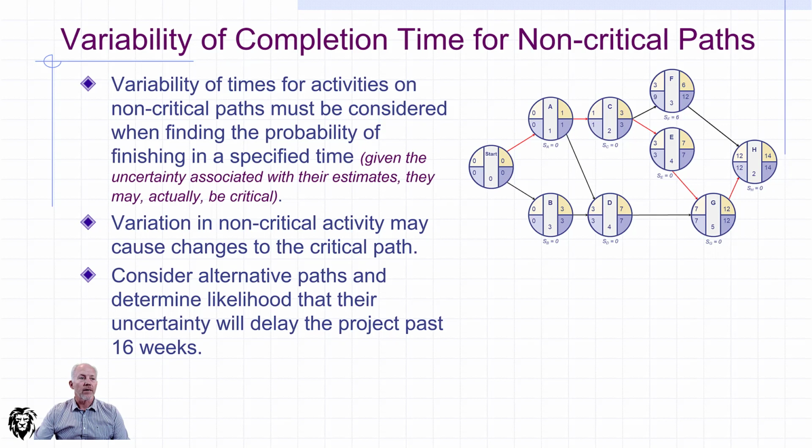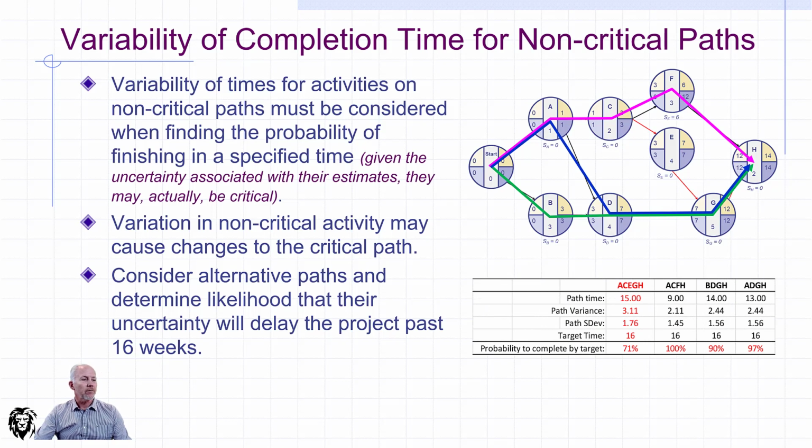So here is our critical path that we showed, but we need to find the other potential paths through the project and look at the probabilities of completion times for them. And so we will do it using the same formula and the same process. We need to add up the variances of all of the tasks on those paths, and then we're able to plug those numbers in and figure out what the probability is of completing those by the same amount of time.